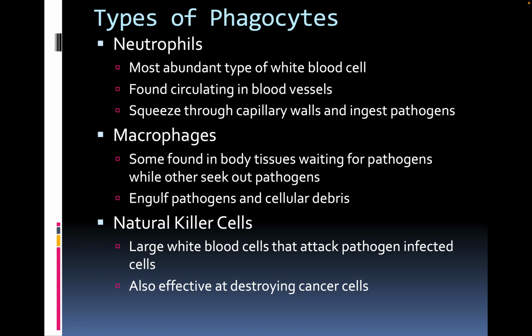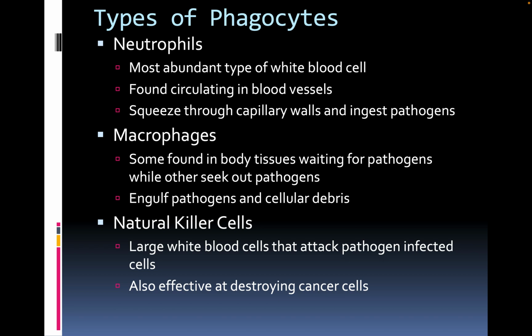And then natural killer cells are these kind of large white blood cells that cause cells to basically go through apoptosis. They attack these cells, and the cells burst and are destroyed.